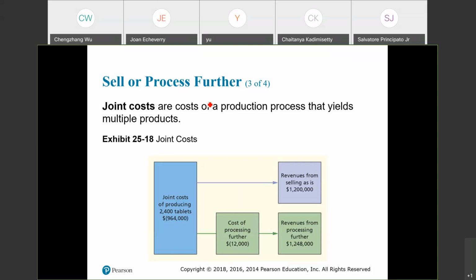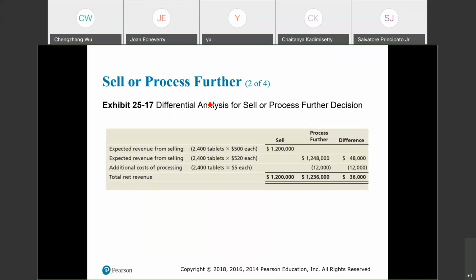And by analyzing only the relevant cost, shown in this slide, the managers see that they can increase profit by $36,000 if they add the USB ports. The extra 48,000 additional revenue outweighs the additional cost of the extra processing.